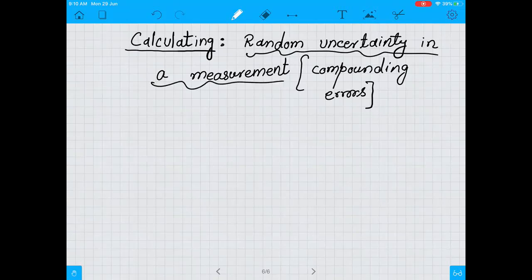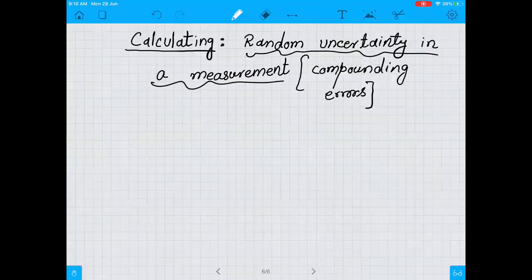Basically, previously we understood how to calculate uncertainties in raw data. The readings were there and we calculated the systematic error and random error in the given raw data. Now you have some values of some quantities and you add them, subtract them, multiply them, divide them, or you power a certain value to find an answer. What would be the uncertainty in the answer if the uncertainties in the individual values are given?